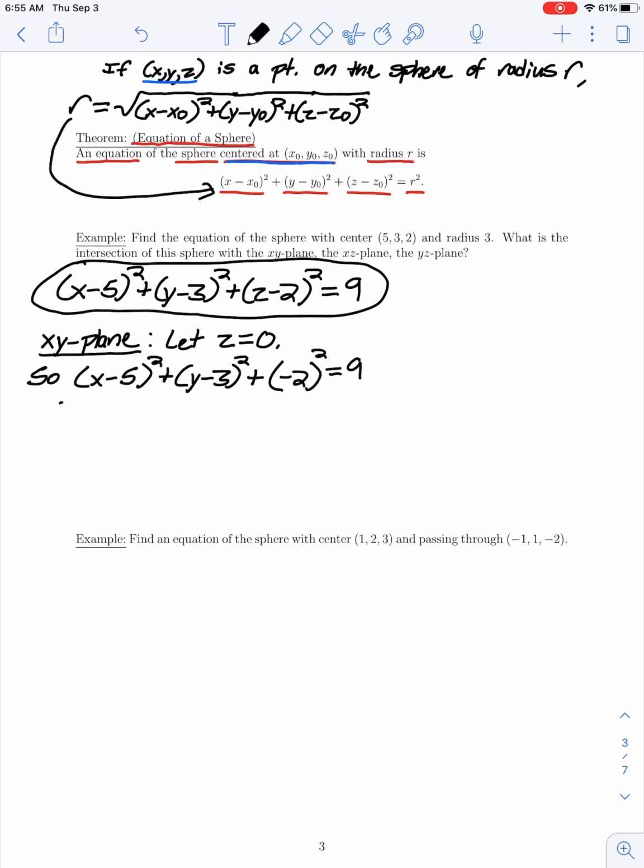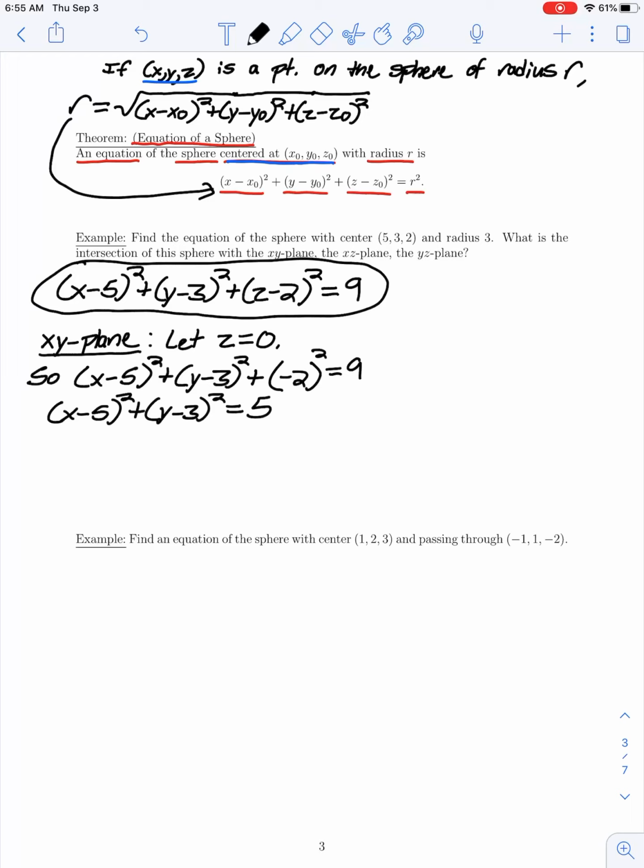So we have (x - 5)² + (y - 3)² + 4 = 9, or moving all of our constants to one side, 9 minus 4 is 5.